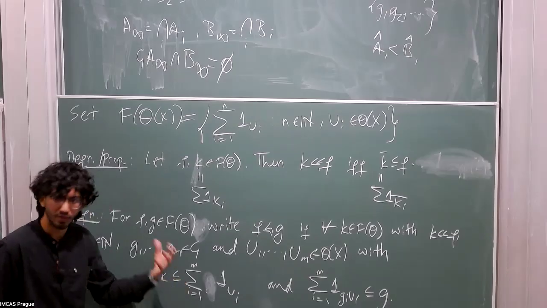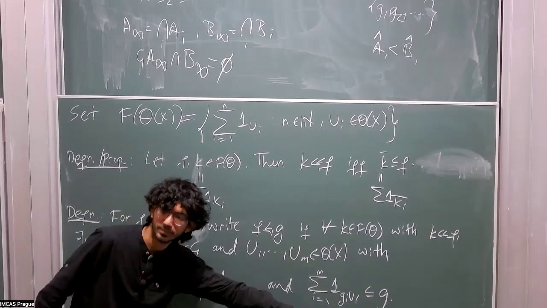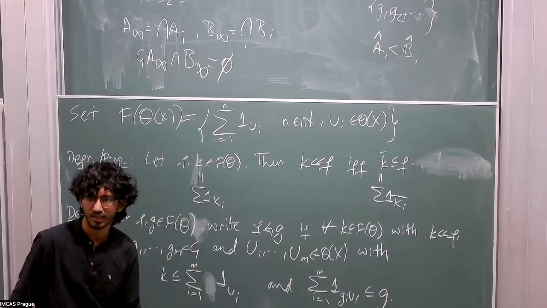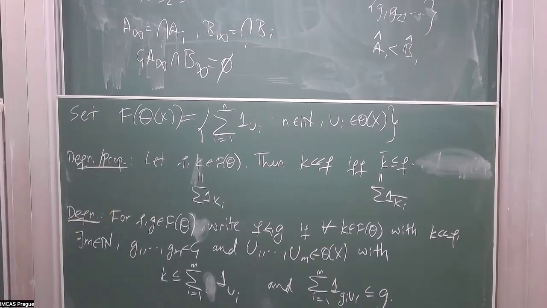So you have an open cover on it, and you have finitely many group elements that move this open cover to something that is disjoint in the support of G.